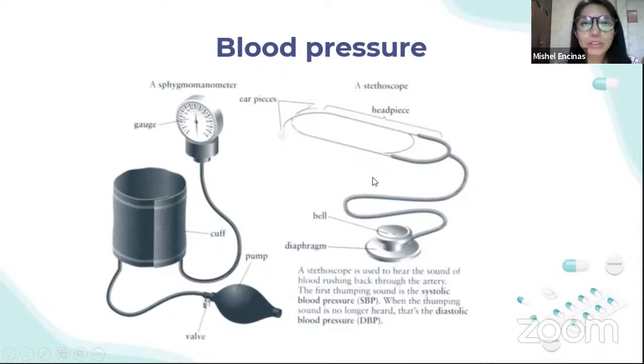And on the other side, we have the stethoscope, the earpieces, the headpiece, the bell, and the diaphragm, okay? I don't know if you want to add something or if you have some questions here.